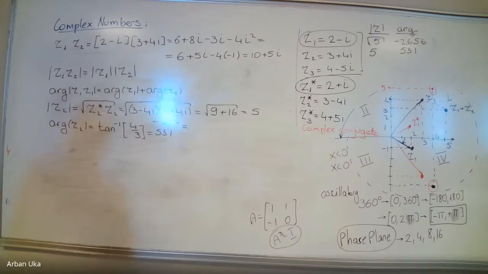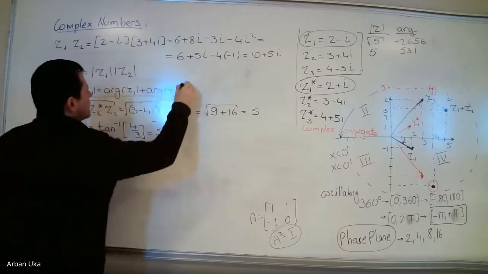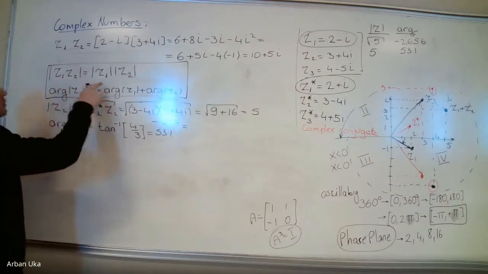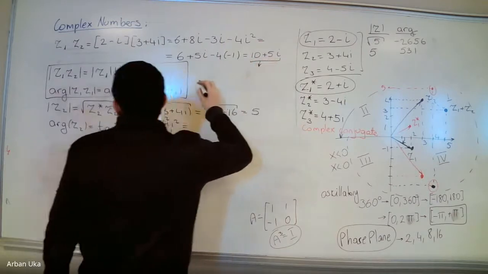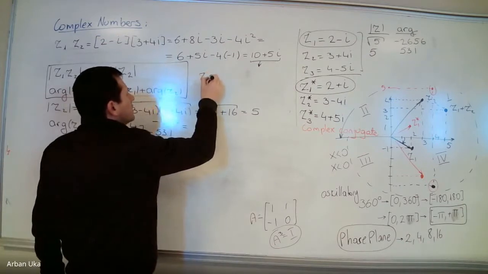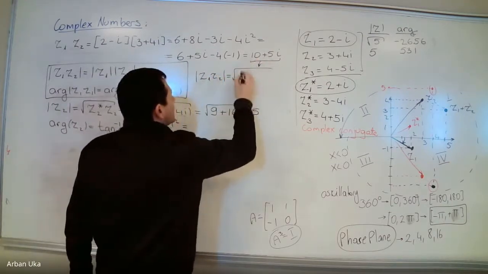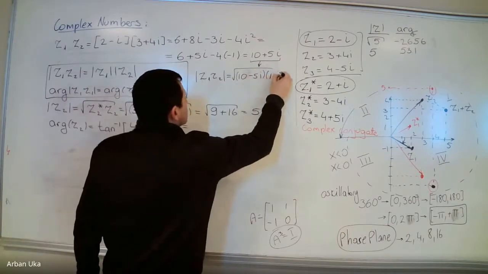So here we have the argument of z2, that's what we get. So this is the general rule. And let's see what is the magnitude of z1 times z2. The magnitude of z1 times z2 is equal to the square root of 10 minus 5i times its complex conjugate, 10 plus 5i.